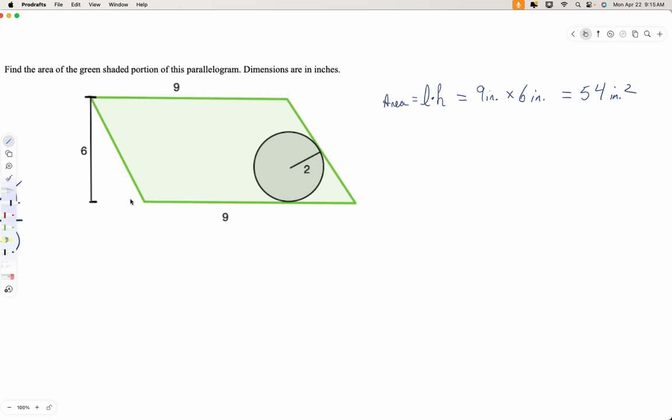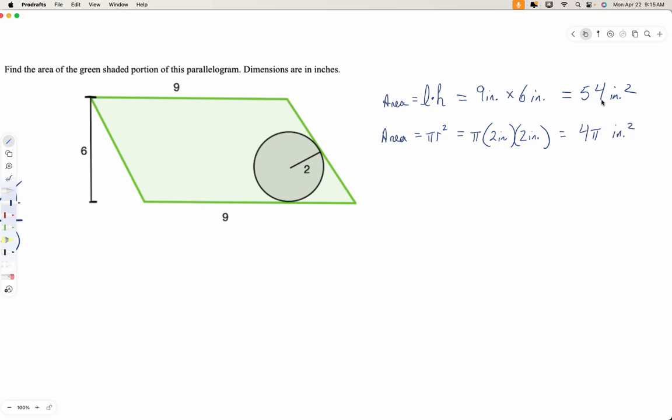So that's the area of the whole parallelogram, but now we've got to subtract the circle. So the area of a circle is equal to pi r squared. So that's going to be pi times 2 inches, because this is a 2, times 2 inches, which is going to equal 4 times pi inches squared.